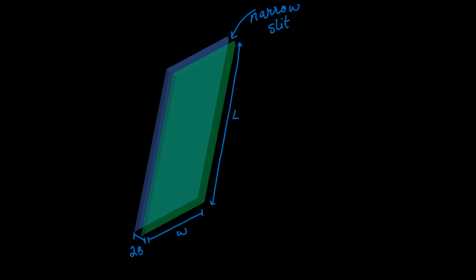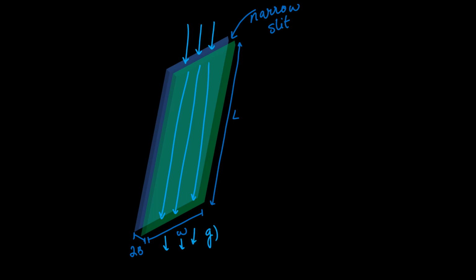So fluid is flowing on this plate like this. This flow is laminar, the fluid is Newtonian, and it's flowing due to gravity. Whatever fluid is entering is coming out.